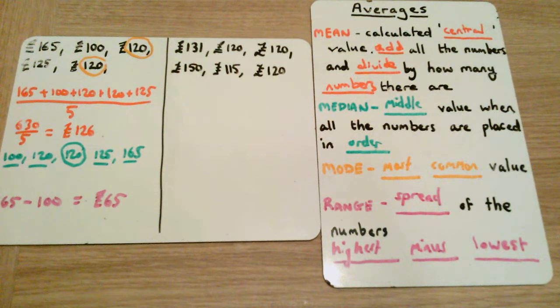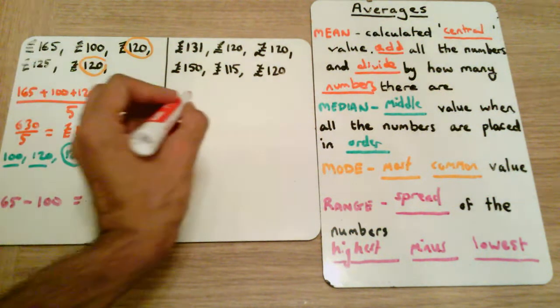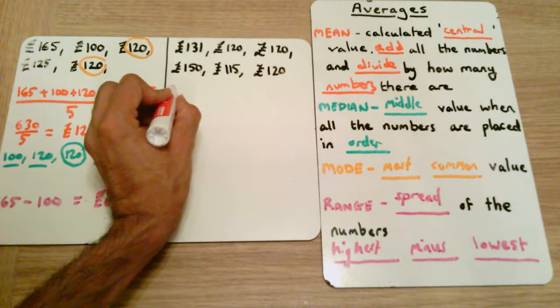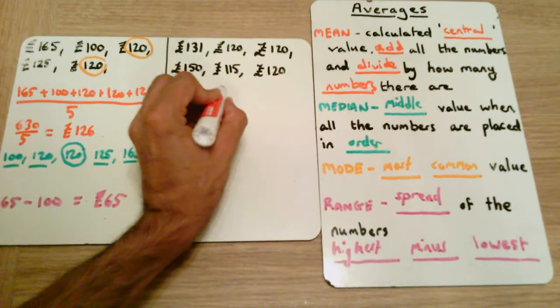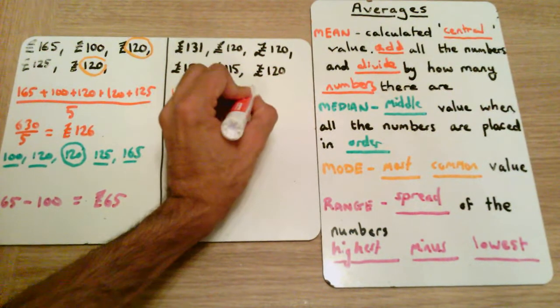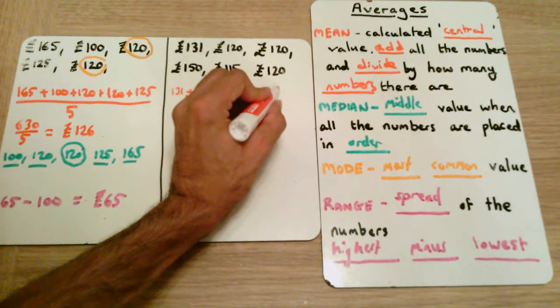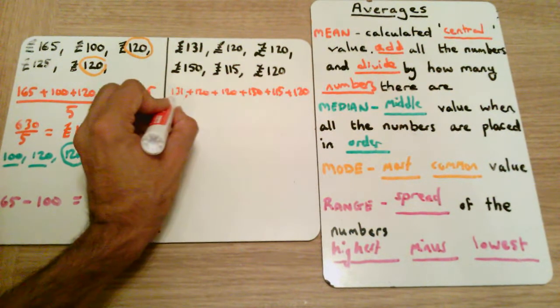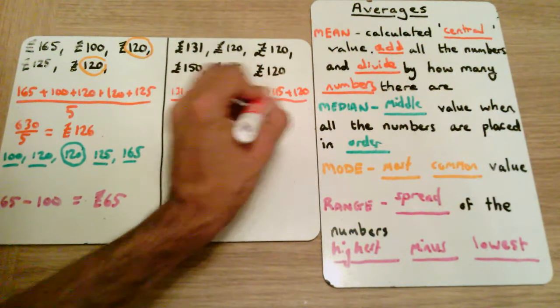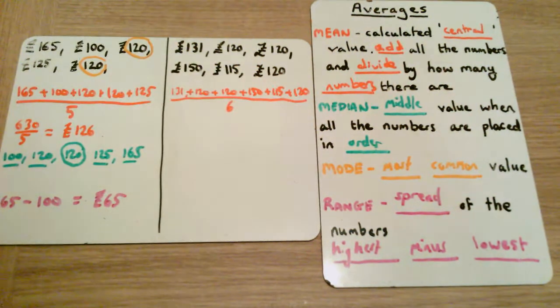Now, if we apply the same thing to the company on the right, they've got more people working there and they've got slightly different numbers. But if we want to work out the average, again, we add them up: 131 plus 120 plus 120 plus 150 plus 115 plus 120, and then divide that by 6 because there are 6 people working at this company.